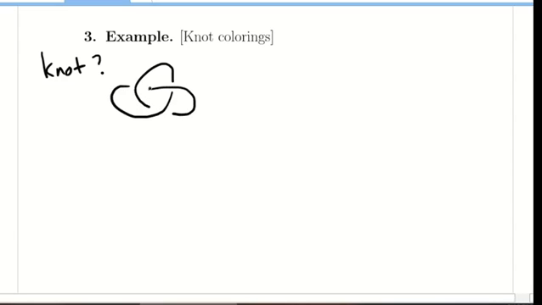Okay, so this is a diagram, a two-dimensional picture of something three-dimensional. So a knot, K, is really a circle or loop that is inside three-space.